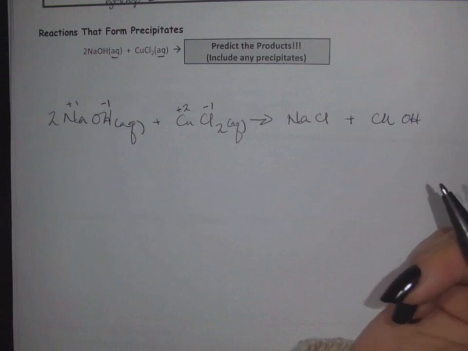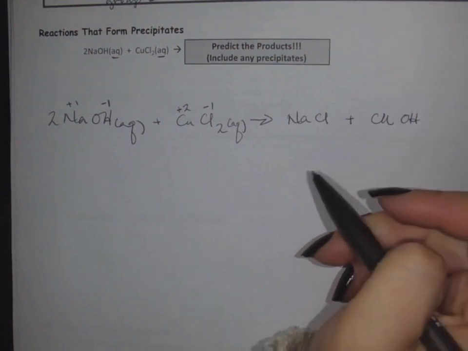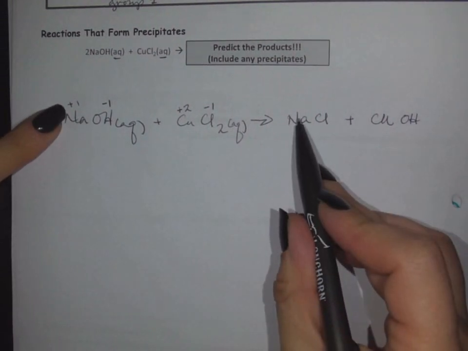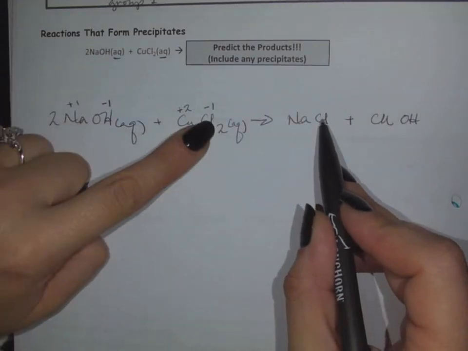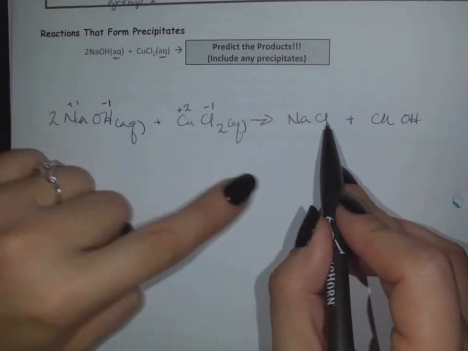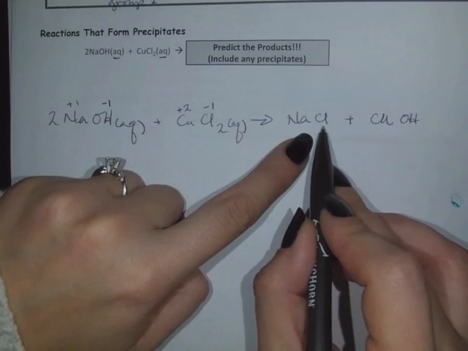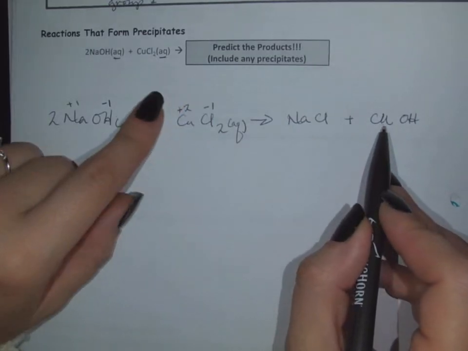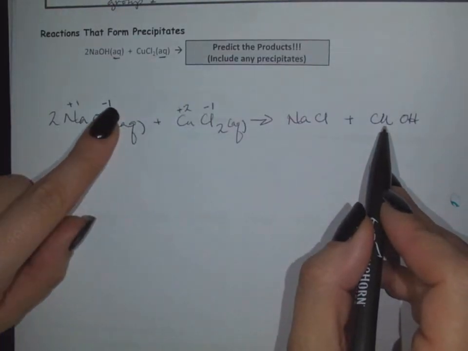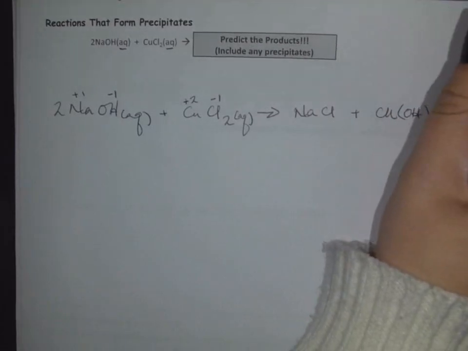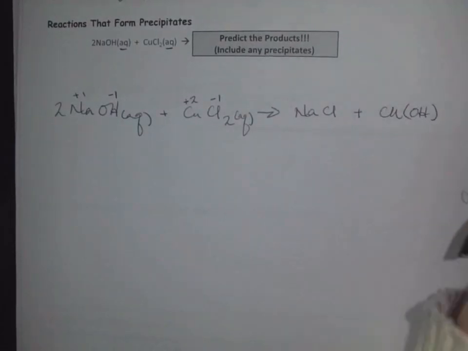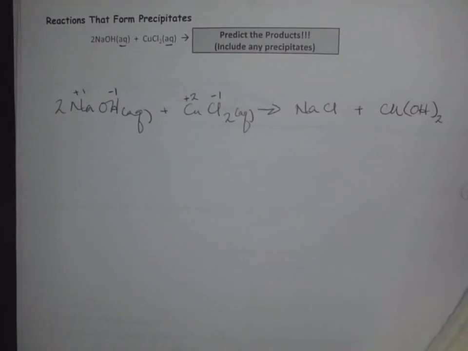But after we switch partners, we need to get the new subscripts. So this is a +1, and this is a -1. Oh, so 1 to 1, so I don't do anything on that one. No new subscripts there. Copper is a 2+, and hydroxide's a -1. Oh, so the 2 needs to go down there, and then we have the 1.